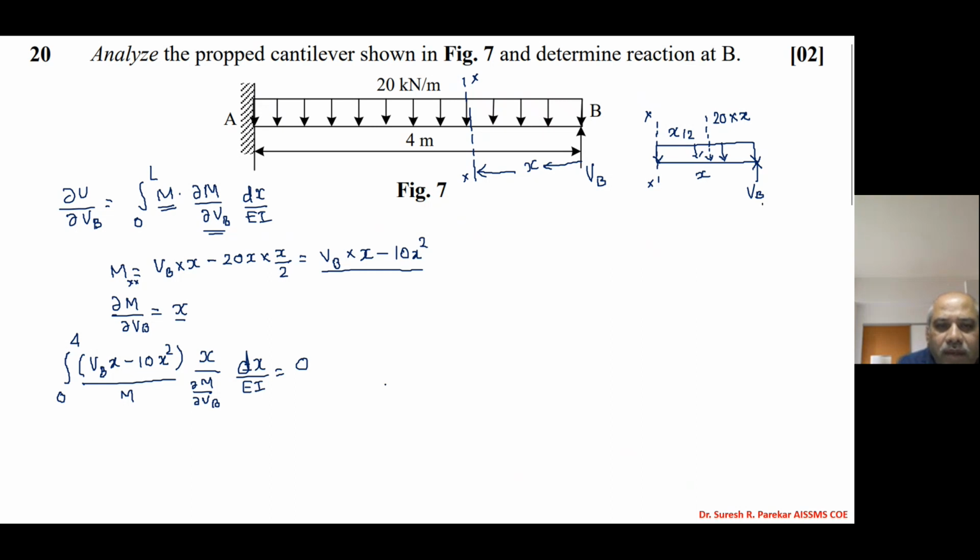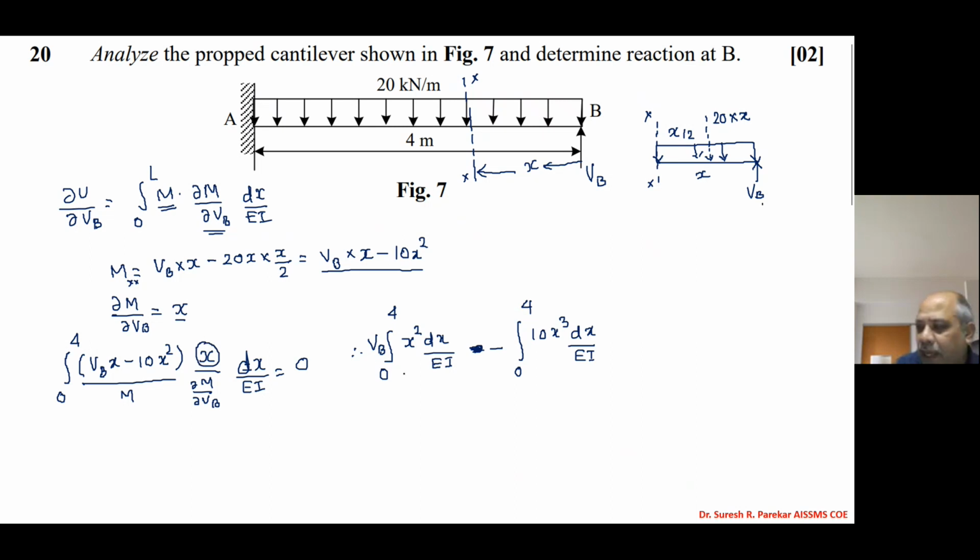Now we will make both terms separate. Therefore, we get integration from 0 to 4, with VB taken outside. So we have VB, and in the bracket it becomes x square dx upon EI. And then we have equal to, or you can write, minus integration from 0 to 4 of 10x cube dx upon EI, since we have multiplied by this x into the bracket.